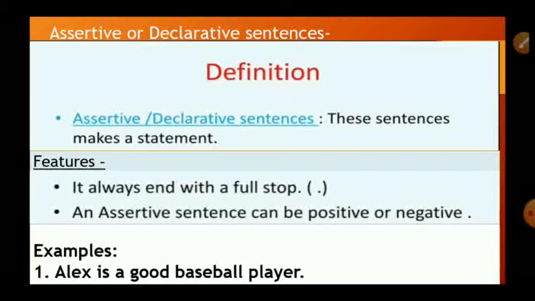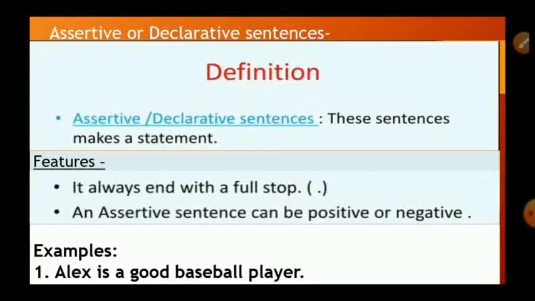First feature is it always ends with a full stop. So whenever we form an assertive or a declarative sentence, we will apply a full stop at the end of the sentence. Second, an assertive sentence can be positive or negative. So an assertive sentence may be in the positive form also or in the negative form also.